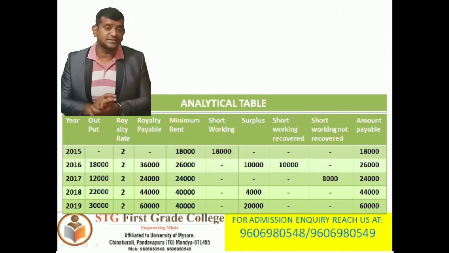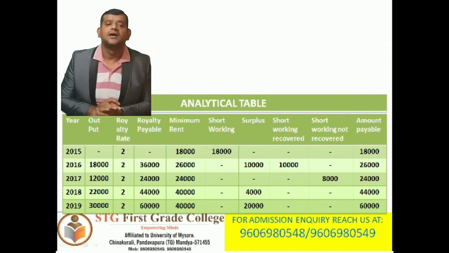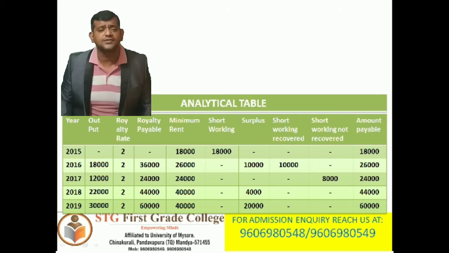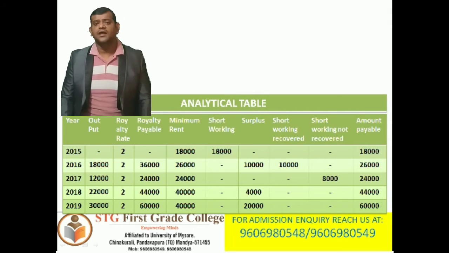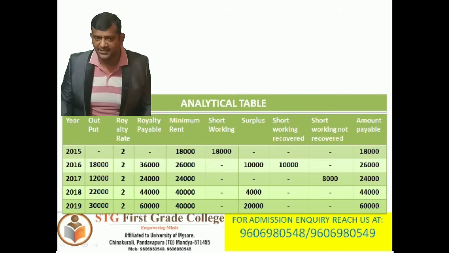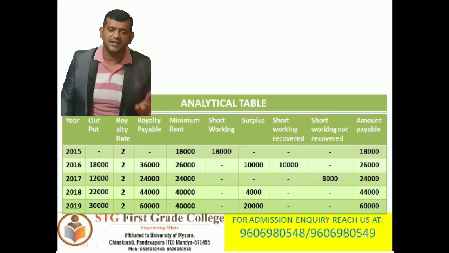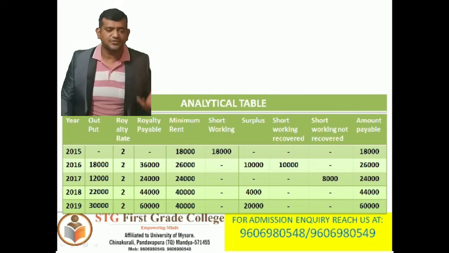In the year 2017, 12,000 has been produced. So why 12,000 in the year 2017? If you look at the table, there was a strike for 3 months. So for that he says actual royalty only clears all the obligations. So there is no adjustment.